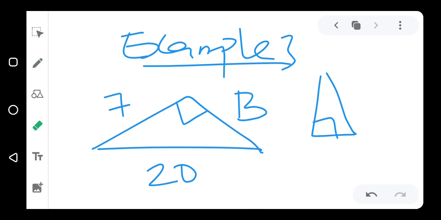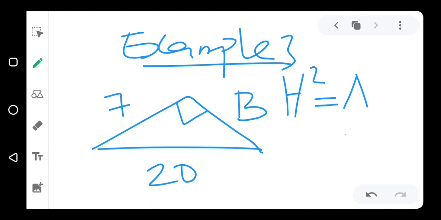So since we have confirmed that this is a right angled triangle, we use the same Pythagoras theorem, which is that h squared is equal to a squared plus b squared. The side facing the perpendicular sign is the hypotenuse, which is the 20, that's the longest side.